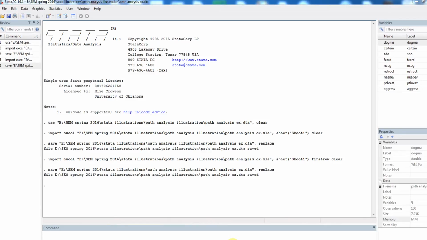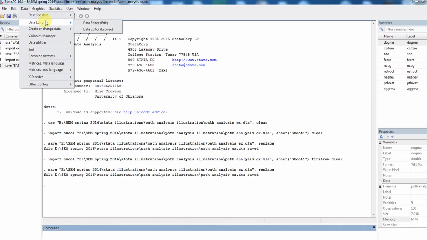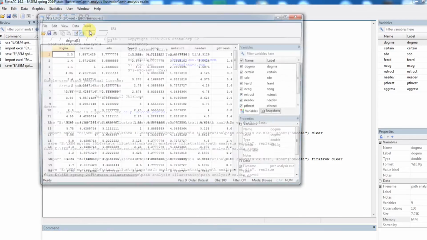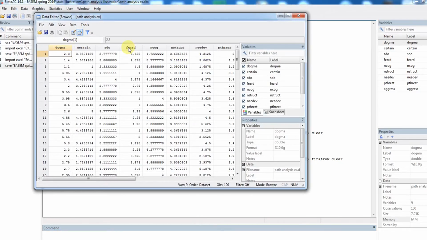multivariate normality in Stata. So what I've done is I've called up a data set. I'm going to go under Data Editor and go to the Stata data file, and go under Browse here, and you can see I have a set of measured variables and values for each case below.